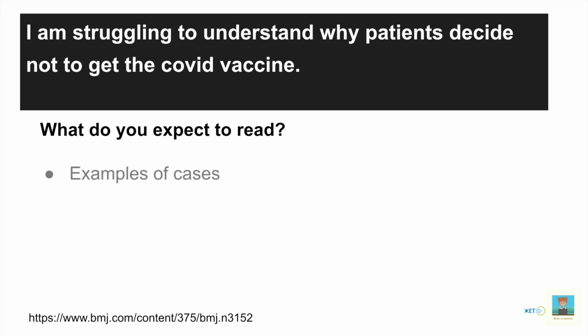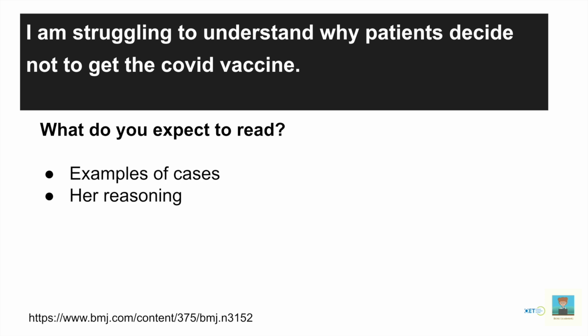Well, if it was me, I would expect to probably have some examples of cases of patients who have decided not to get the vaccine. Some of them may be positive, some may be negative. But because she's struggling, I'm expecting more negative cases, or cases where things have gone wrong, perhaps. And I'm also expecting her reasoning, her reasons why she's struggling to understand.